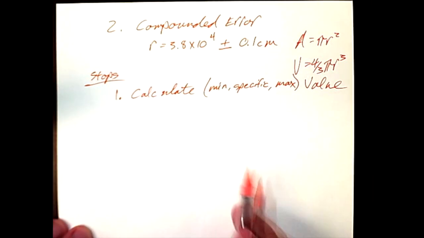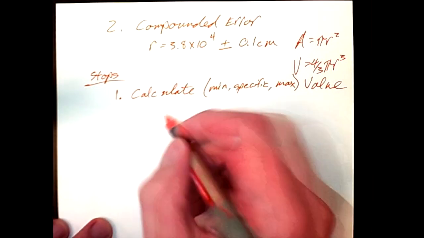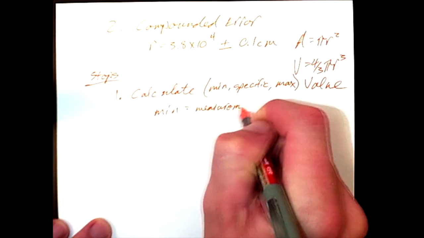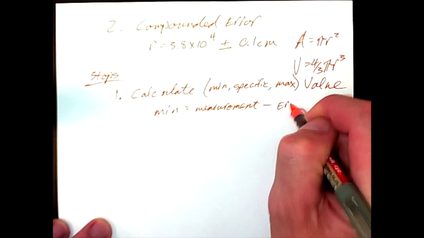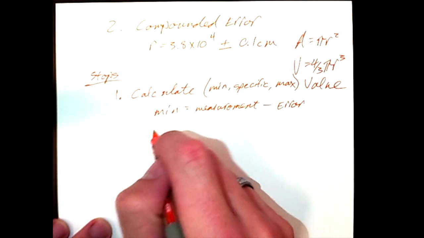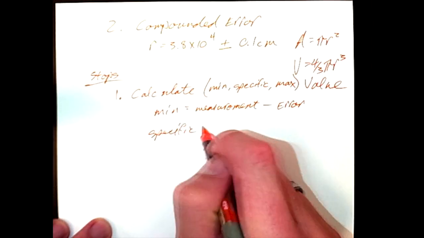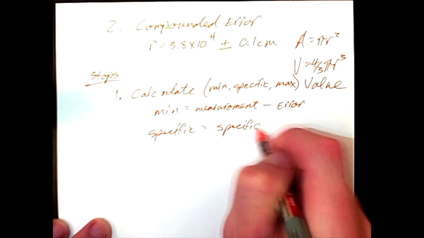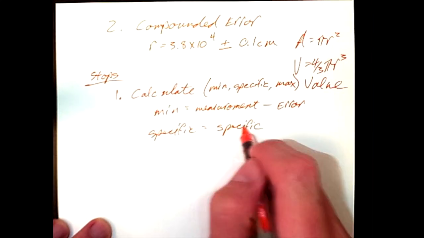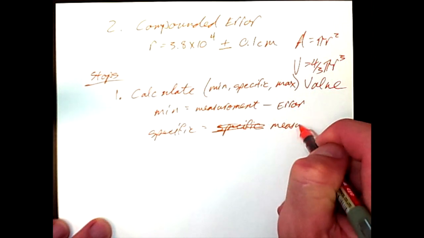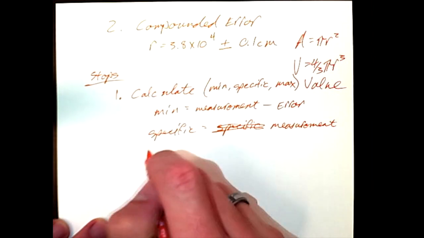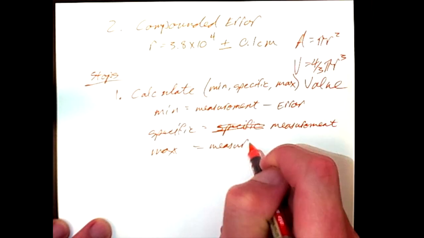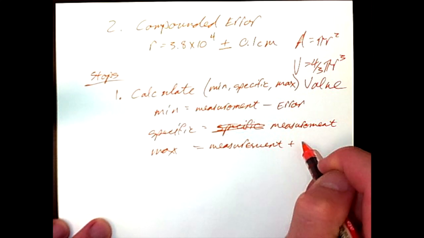In each case, you're going to calculate the total for each one of those. So the min will be the measurement minus the low end error. The specific will just be using the calculation of the measurement. And then the max, of course, will be the opposite, which is the measurement plus the error.